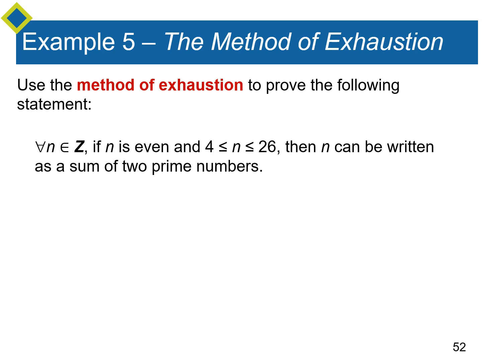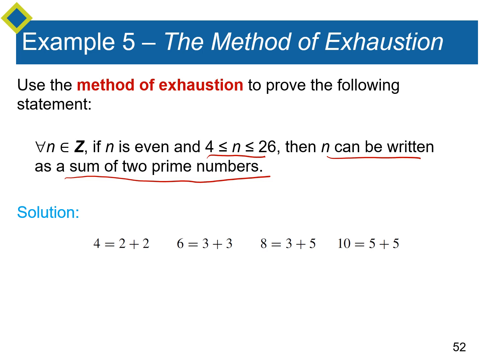Okay, use the method of exhaustion to prove the following statement. Exhausting, you replace the variable n. If n is even and this statement comes true, then n can be written as a sum of two prime numbers. So we replace n here. N is even, so this is an even number.